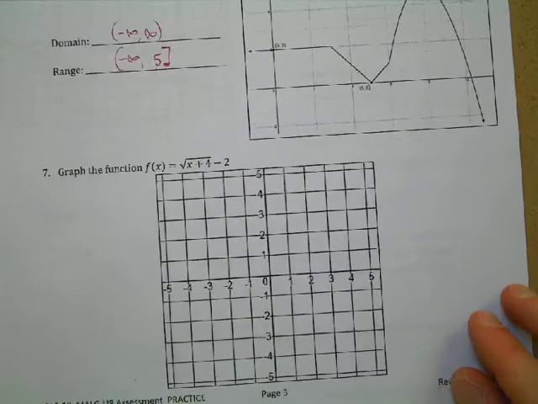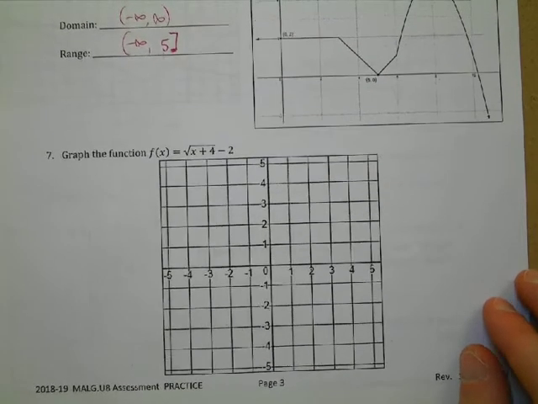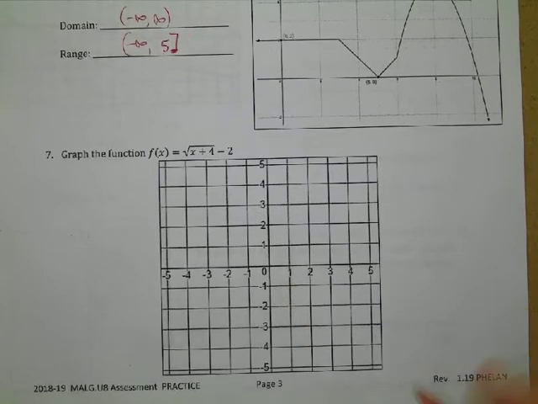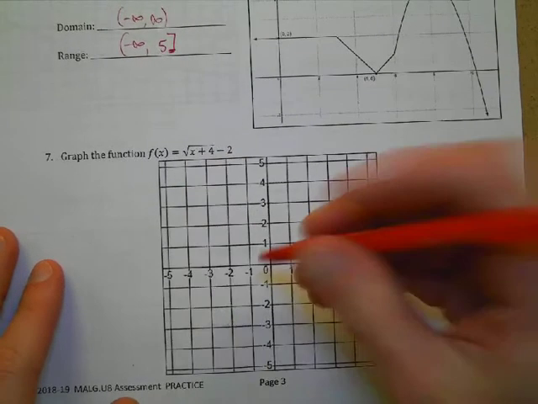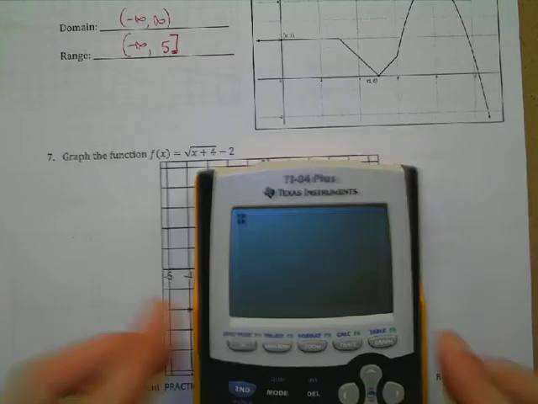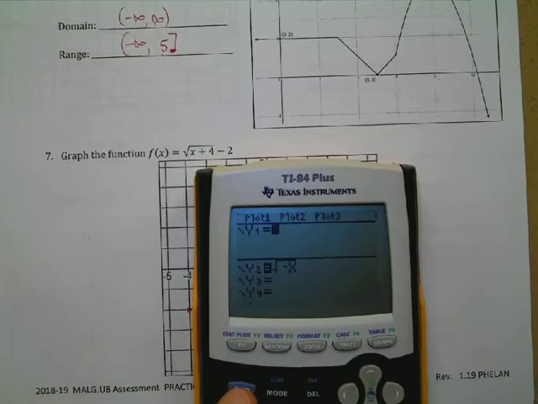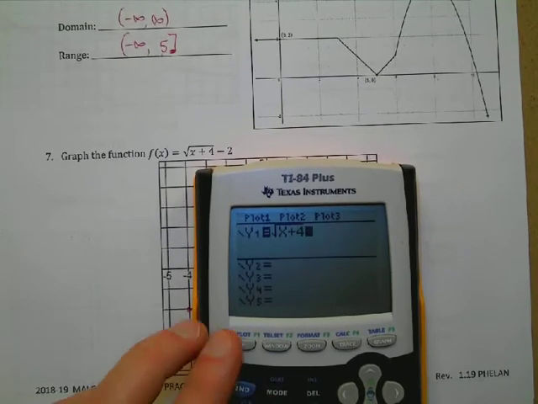Number 7, what can we do to help us get this one? Calculate, right? Well, let's talk about the shift, though, here. Colin, what kind of shift are we going to have in this graph? Left 4, down 2. Plot your point, right? We can go to the graphing calculator to get some more points if we want. Okay, go to the table.